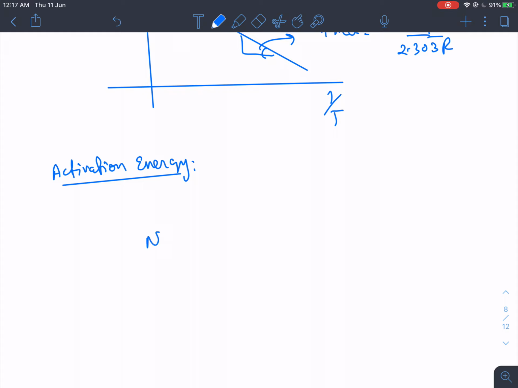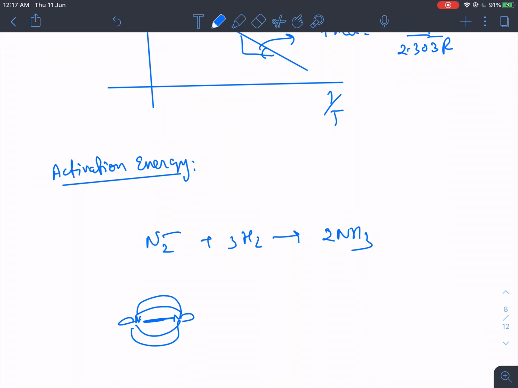Let's talk about the reaction of nitrogen, N2, with hydrogen, forming ammonia. So can you see this nitrogen is a gas, okay? It has its own electron cloud, guys. So one nitrogen, another nitrogen, there is an overlap forming a sigma bond, and overlap forming a pi bond, and another pi bond is there. So what I am trying to tell you is, essentially, look, this is surrounded by an electron cloud.